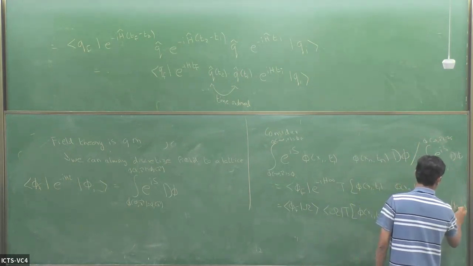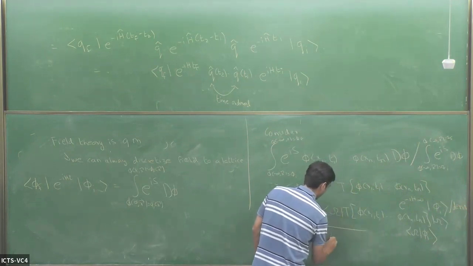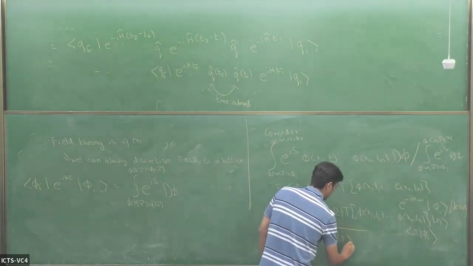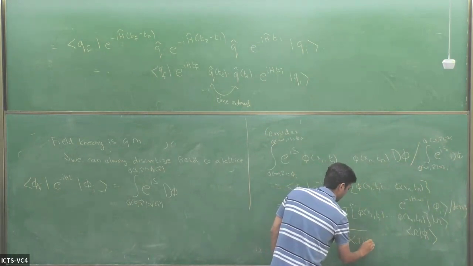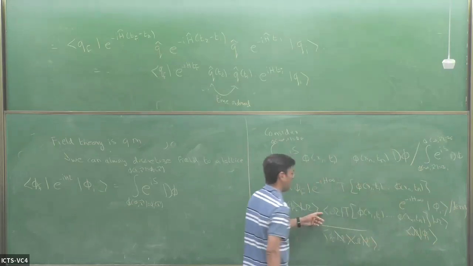I'm just writing denominator here, but here we know what the denominator is. The denominator here is just phi f omega times omega phi I. So these factors just cancel, and what you're left with is this.